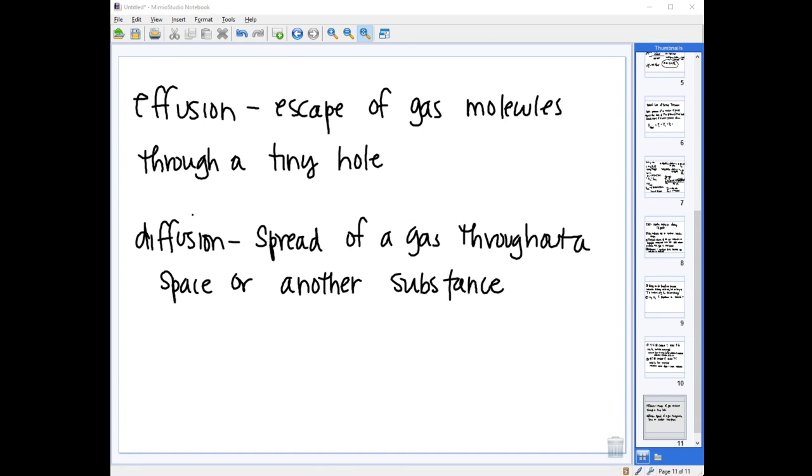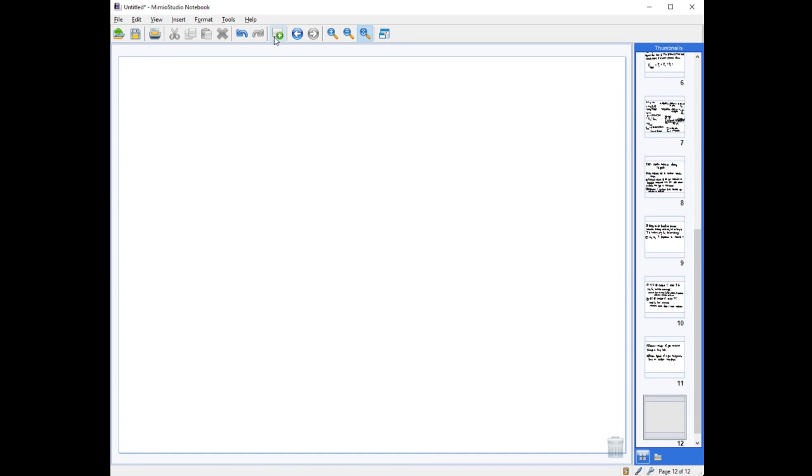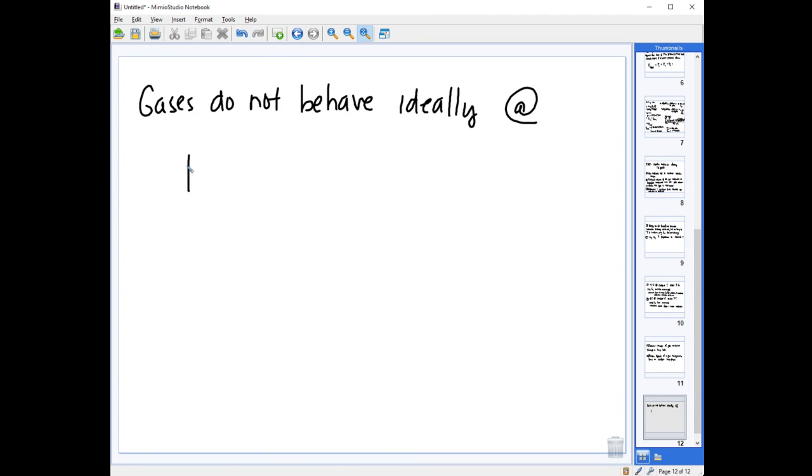So if we have a high pressure or a low temperature situation, then our gases do not behave ideally. When I say that here, I'm talking about in relation to the ideal gas law, at high pressure and low temperatures.